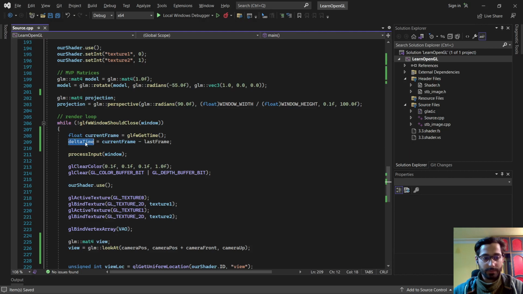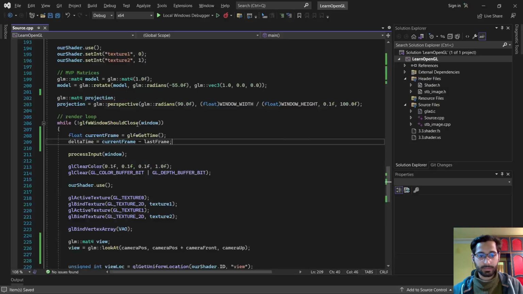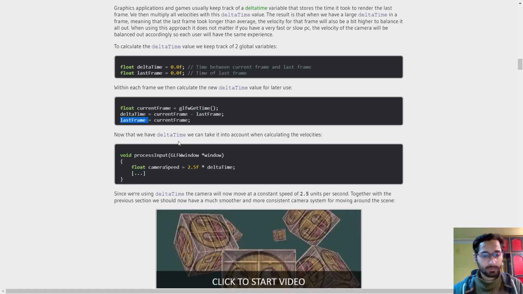So for the first time, delta time is just going to be equal to the current frame, and then I guess we're just going to set last frame to the current frame, which I'm guessing should be done at the end of the frame. Last frame happens here whenever we call this function, and that will be stored here.